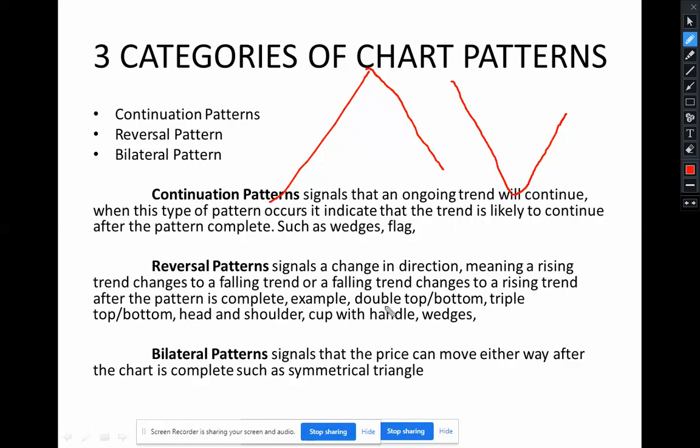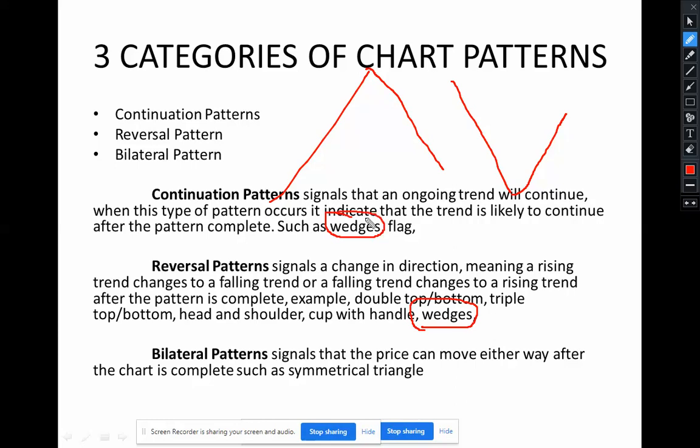Examples are double top, double bottom, triple top, triple bottom, head and shoulders pattern, inverse head and shoulders pattern, cup with handle, and also wedges. Don't worry, I'll show you the difference between these wedges and this.